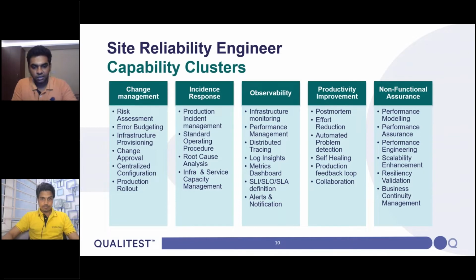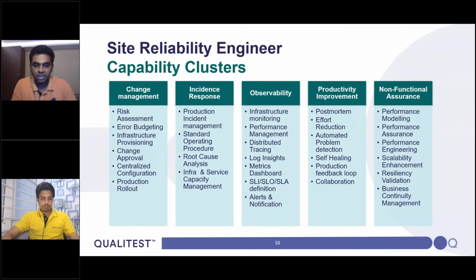Correct. When we say responsibility, I understand it is oversimplified, but most of the site reliability engineers are expected to do a set of activities as part of multiple skill clusters.